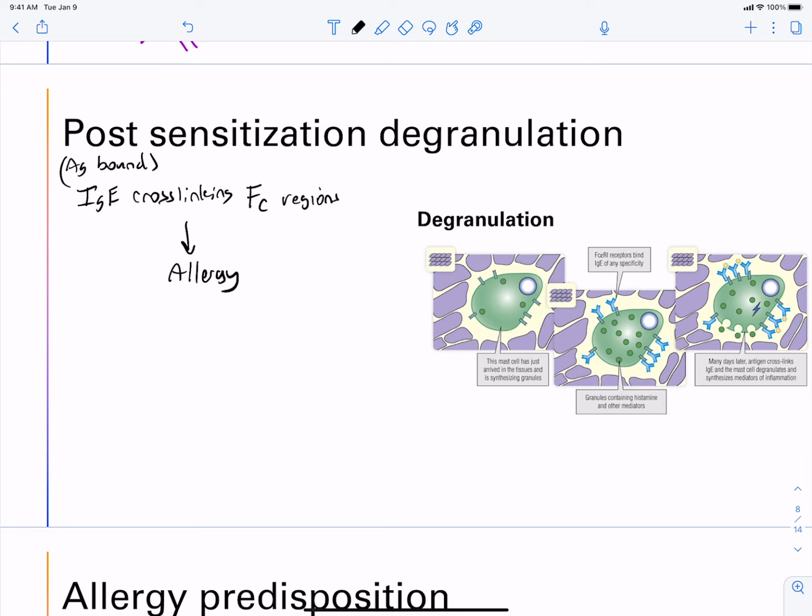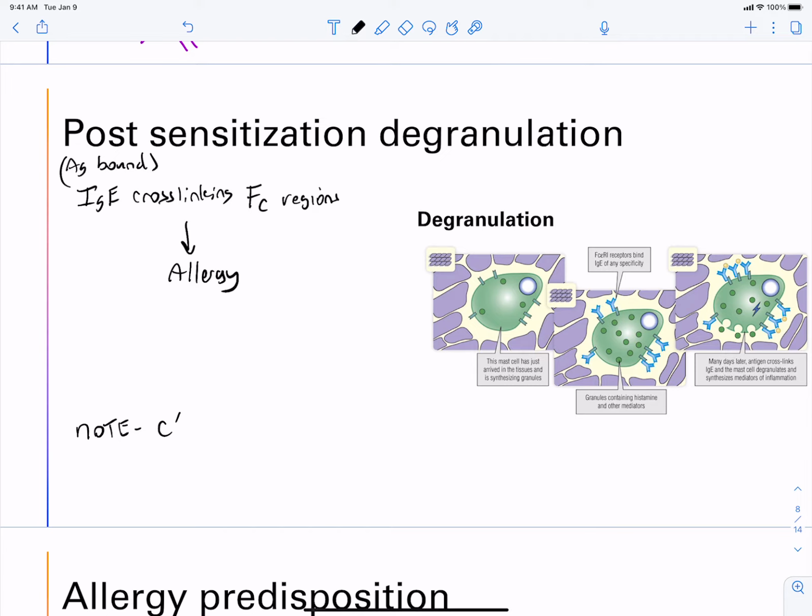Now, your mast cells are going to have different types of granules, and they're going to have early phase granules that are going to release their mediators within seconds. And then you're going to have late phase components that get released later during the allergic response. Now, a few notes.